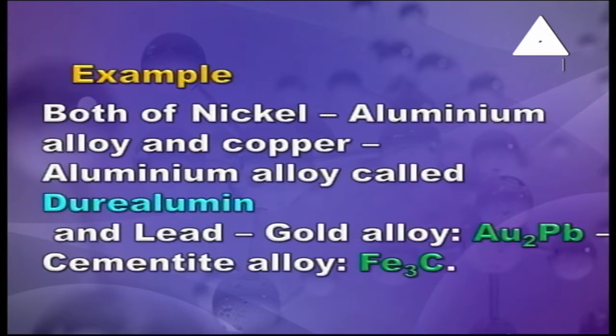For example, nickel aluminum alloy, the copper aluminum alloy called duralumin, lead gold alloy that has chemical formula Au2Pb, and cementite alloy that has chemical formula Fe3C.